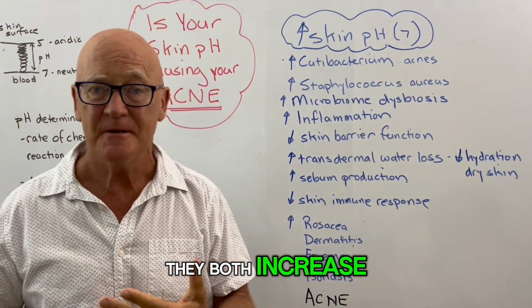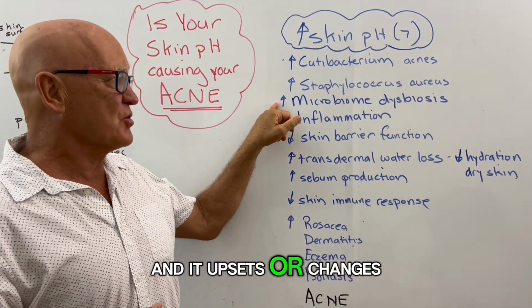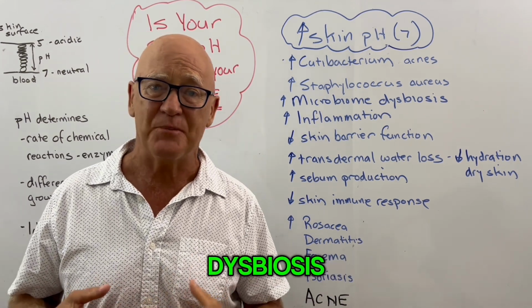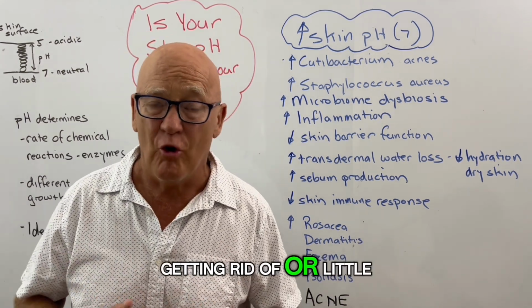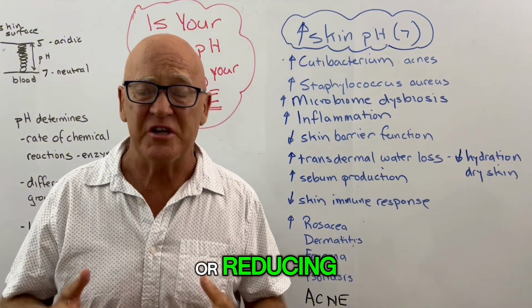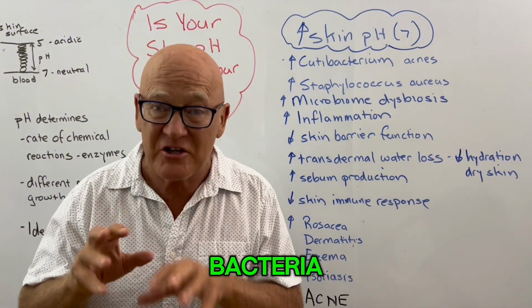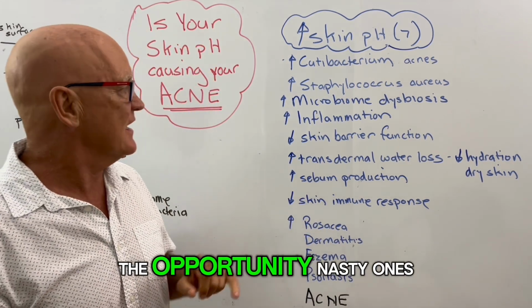They both increase. And it upsets or changes the microbiome of the skin to create dysbiosis, getting rid of or reducing the good bacteria. So what we want is that balance of the good bacteria overwhelming the opportunistic, nasty ones.